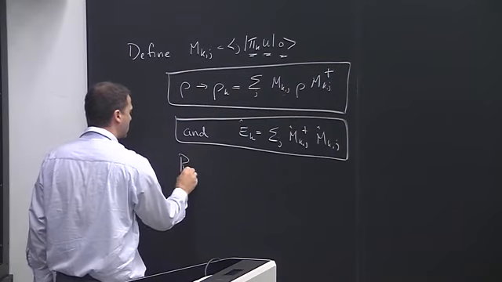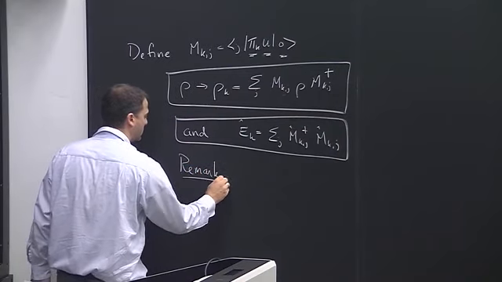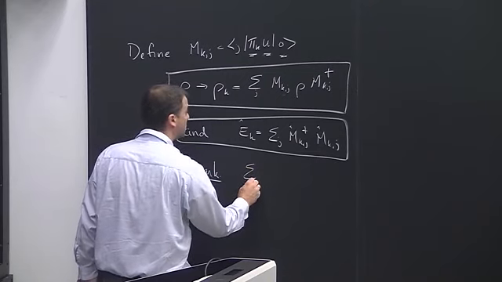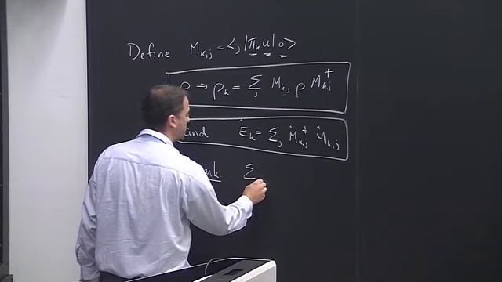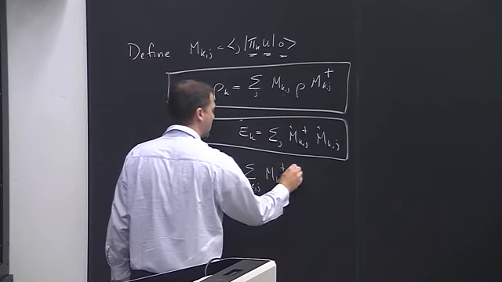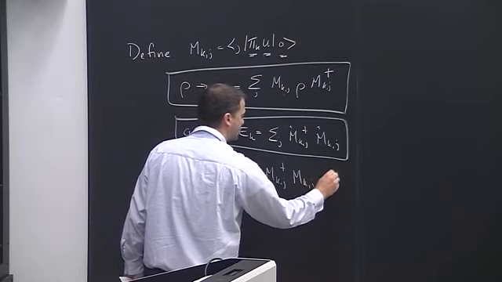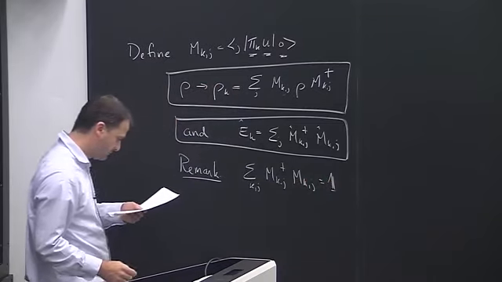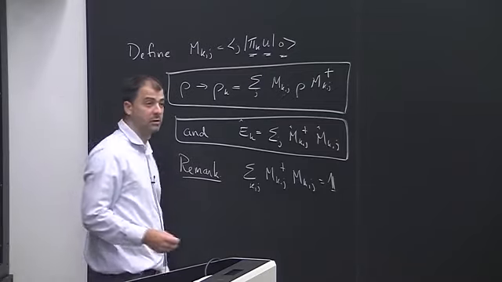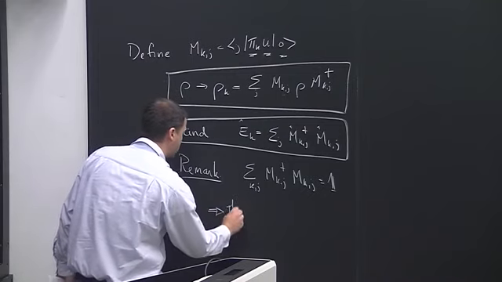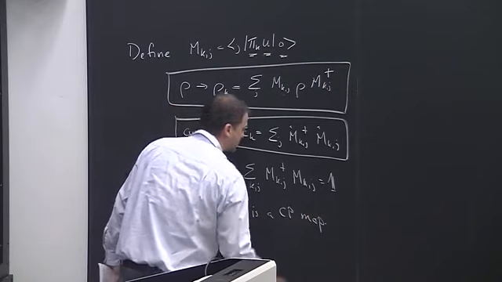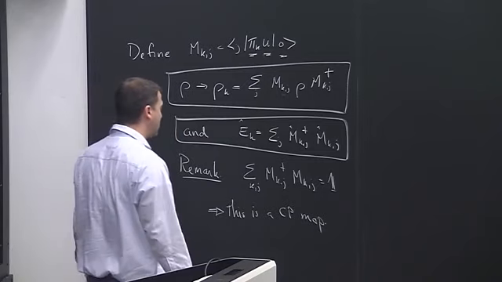And then I want you to remark that the sum over k and j of M_{kj} dagger M_{kj} is equal to identity, which implies this is a Kraus operator sum decomposition. In fact, it's a CP-TP map.